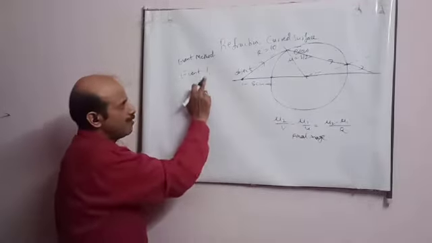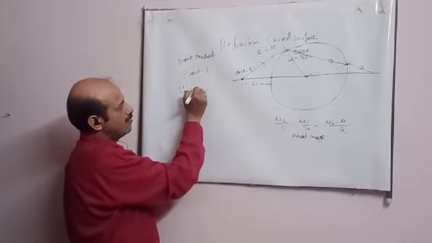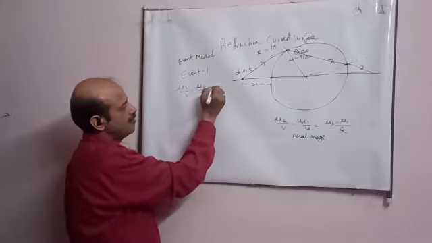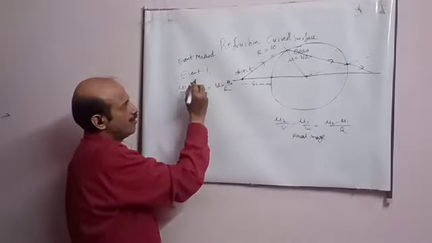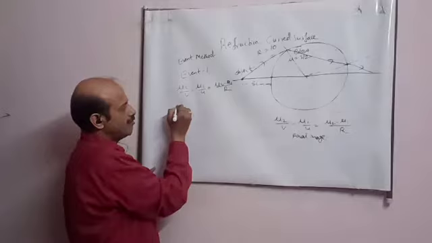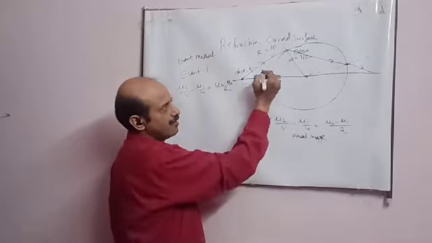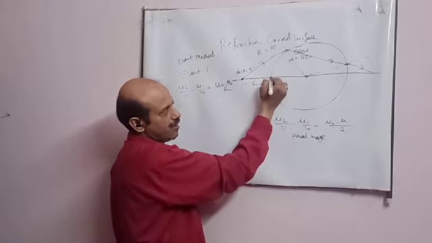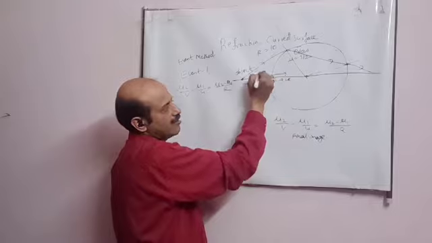So first, event 1, student. I will first write this formula: mu2 upon v minus mu1 upon u is equal to mu2 minus mu1 upon r. Now for event 1, I have to find the image. One more thing, sign convention. Light is traveling this way. For this surface, this is the positive direction and this is the negative direction.